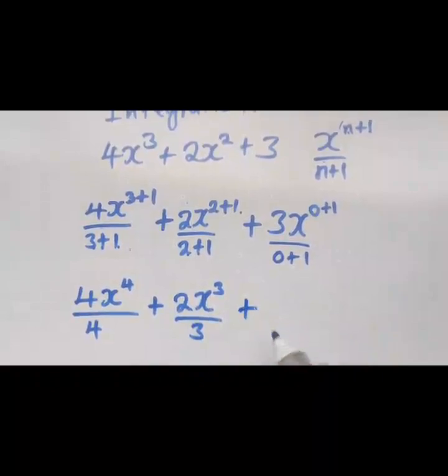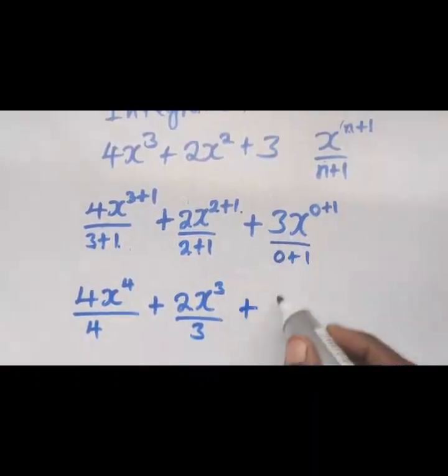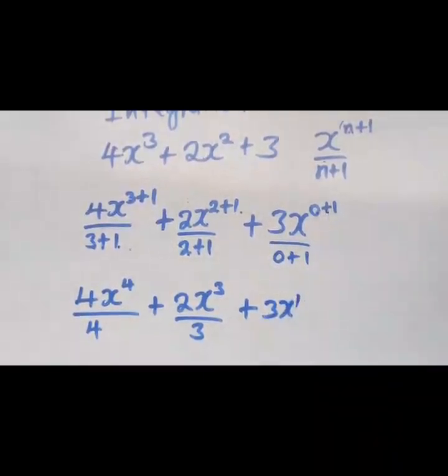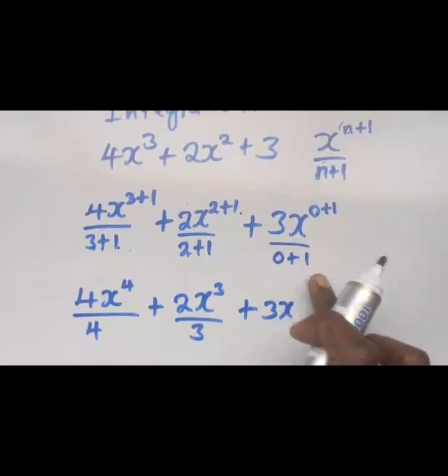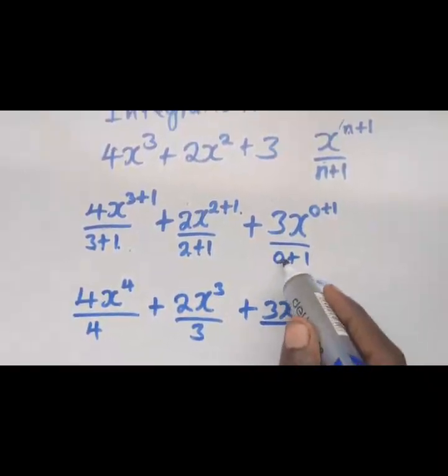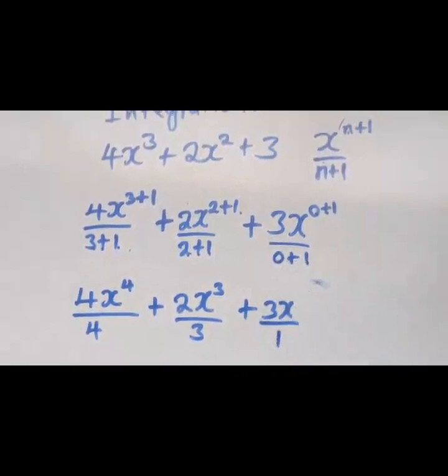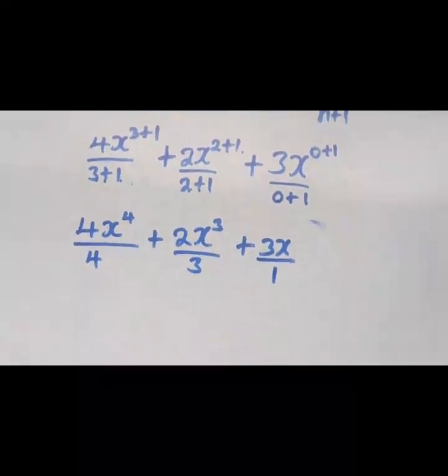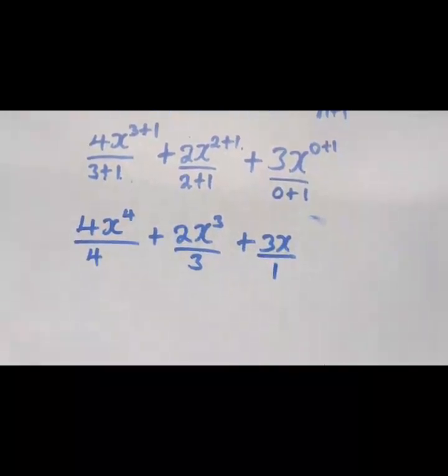Then plus 3x to the power 1, and anything to the power 1 is the same as leaving it like that. Then over 0 plus 1, it's just a 1. As simple as that. If you see now, calculus is simple, so don't have any difficulties.